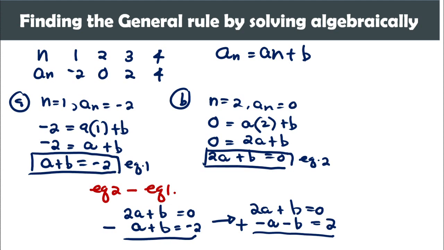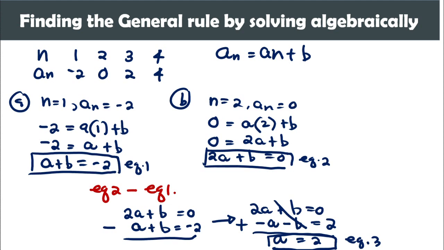So we have 2a minus a is a, and b minus b cancel out. And we have a is equal to 2. So this is our equation number 3.